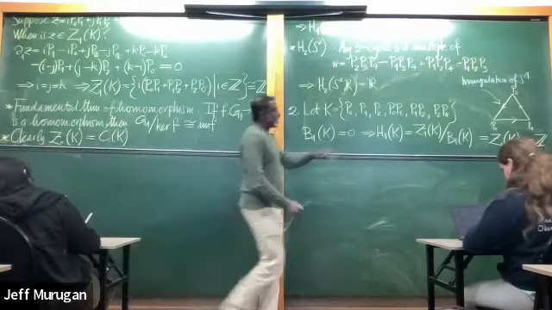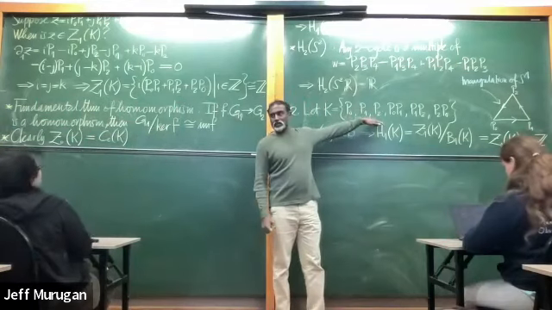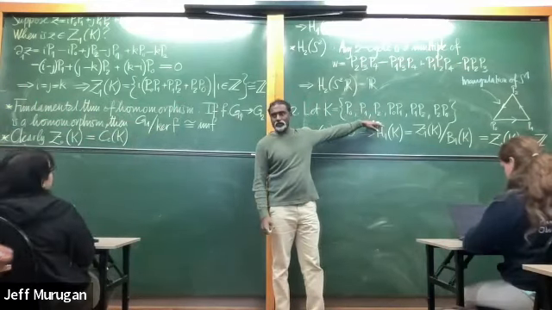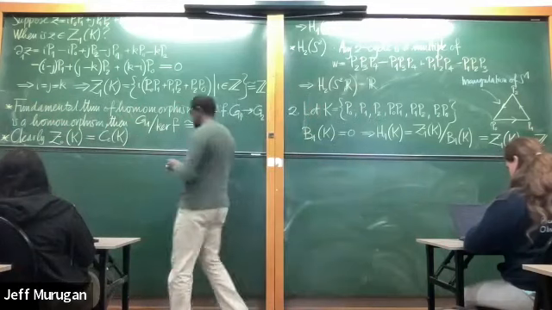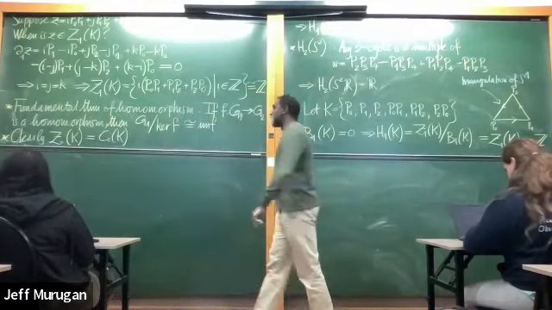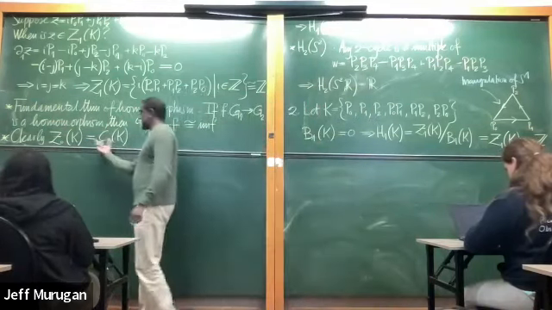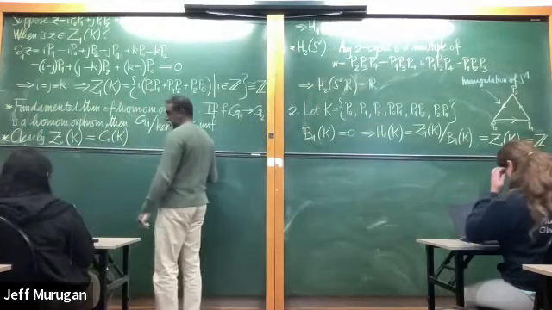Why? Because the boundary of all vertices vanishes. So all vertices have no boundaries, and therefore the set of all vertices is the same as the set of all zero chains.